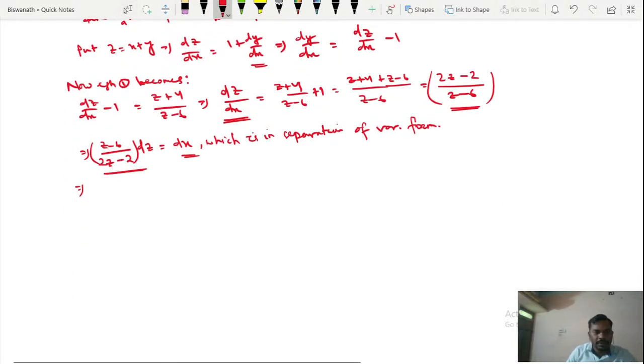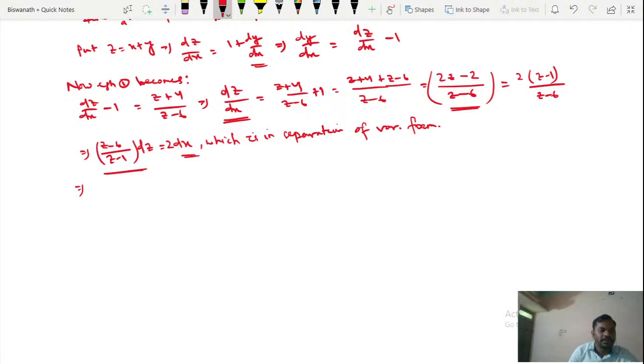Now if we take its integration, you can also write this thing here as 2 times (z minus 1) divided by (z minus 6). So I can write this as (z minus 6) by (z minus 1), and I will keep the 2 there.